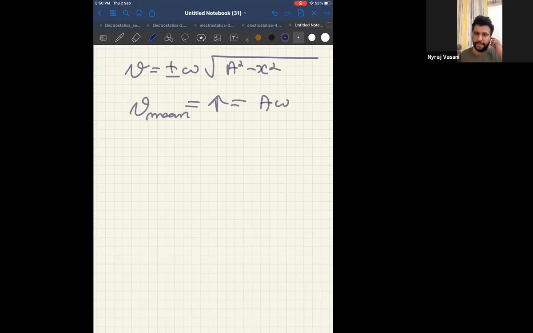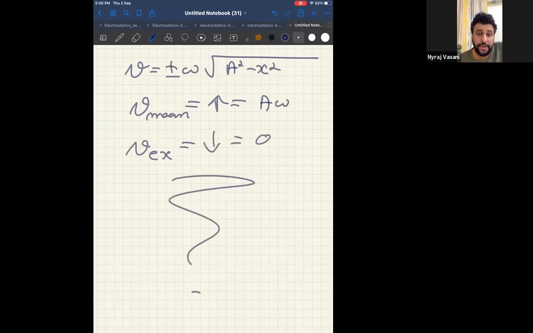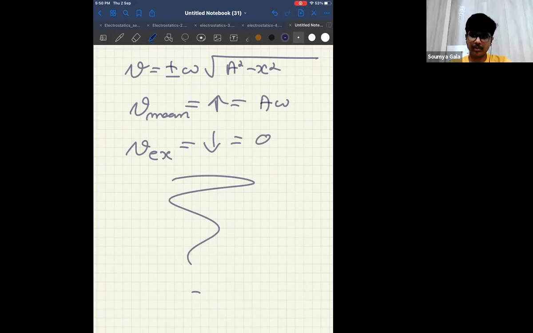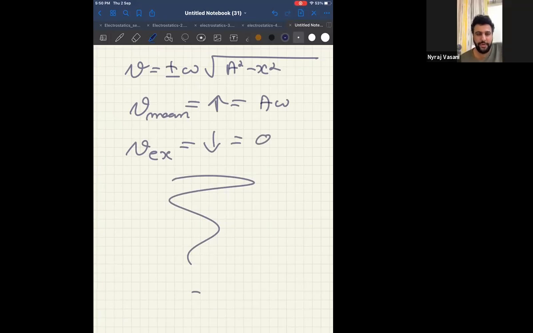Velocity at mean is maximum, it is A omega. Can I say three formulae for velocity in this chapter? Sir, plus minus is not important. For you it is, for me it is not. It is just right hand side, left hand side. Doesn't matter.